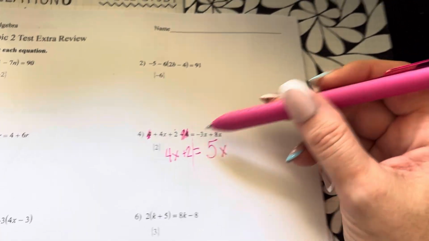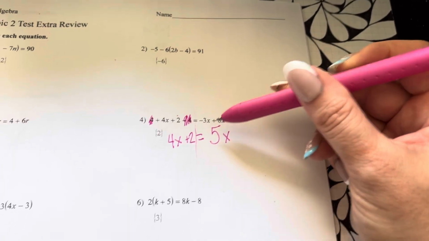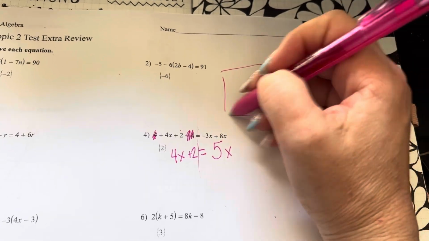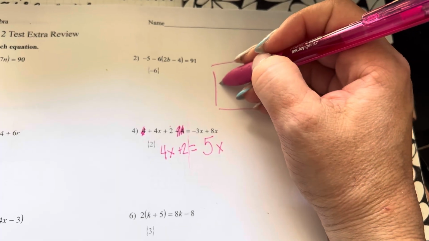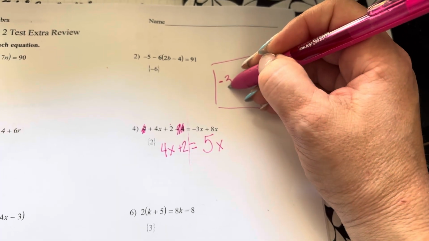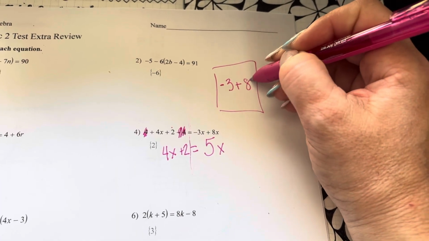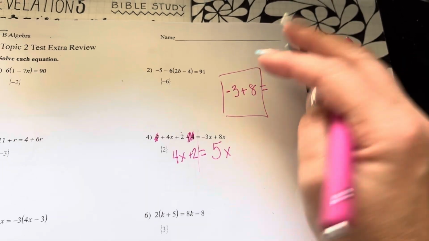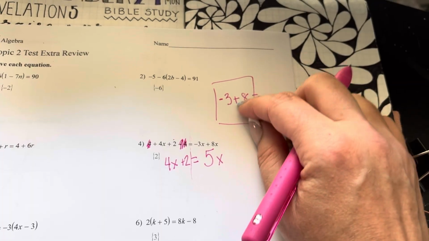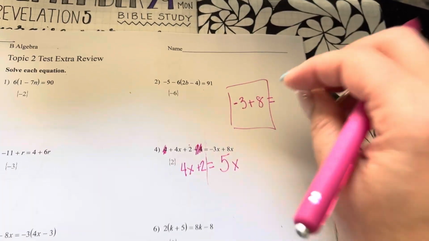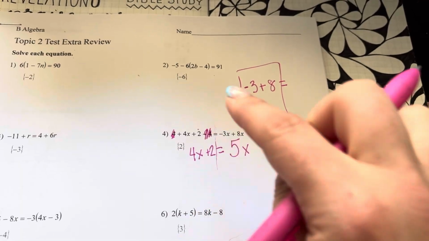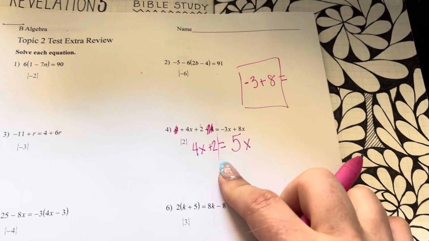If you don't know integer rules, you take your calculator out, you type in -3 plus 8 equals, and it's going to give you 5. So learn how to use that to your advantage, because at this point, I assume you know how to do integers.